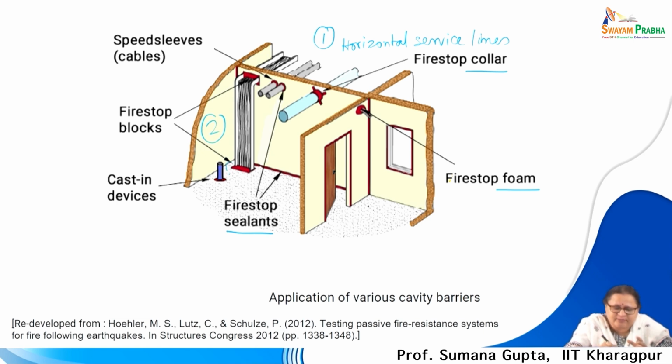You can see here fire blocks on the vertical wall, on the horizontal, because this route is an electrical route going down. This may be one pipeline, all are sealed appropriately. Now, hope it is getting clearer, because this is a 3-dimensional view. You can see the doors, they are all sealed with appropriate gaskets, so that one particular space is all under control. You can see cast-in devices. This is coming out with a collar there and on the floor plan.